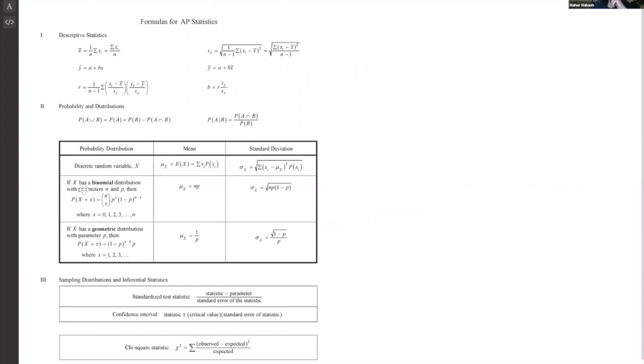Oh yeah, here it is. If X has a binomial distribution with parameters n and p, then here's how we would do it. And we'd have to basically add all of them up. So if we want 4 and 5, let me snip that, take that over.